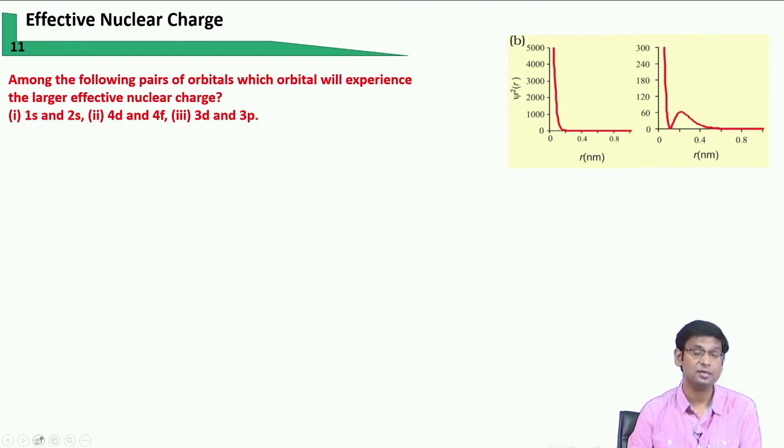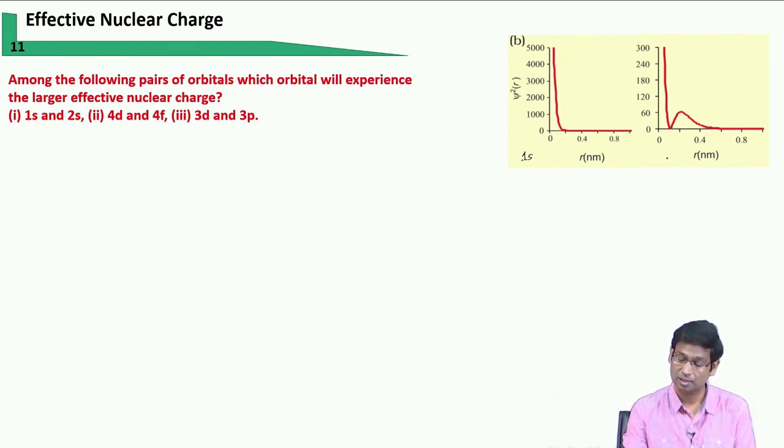This question concerns the effective nuclear charge. If you remember, we discussed this is the square of the wave function, or the probability distribution, corresponding to the 1s orbital and the 2s orbital of the hydrogen atom. What do we see here?